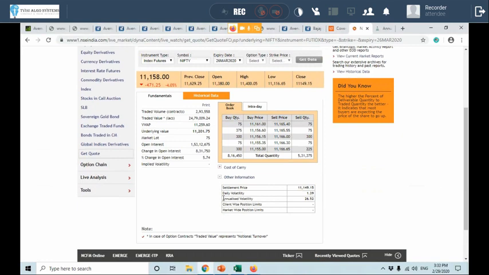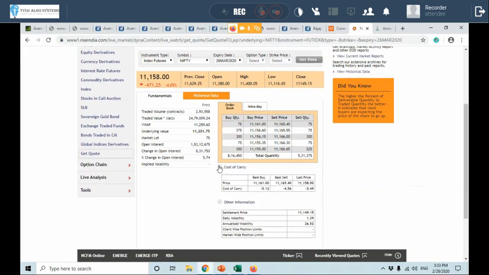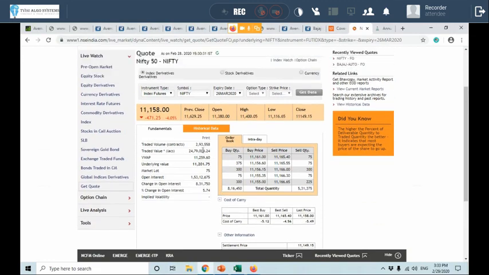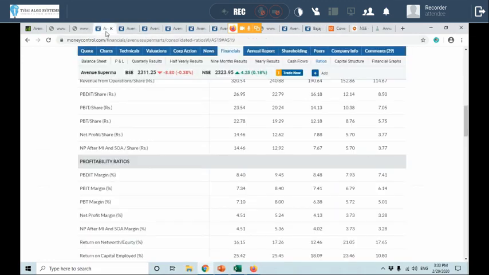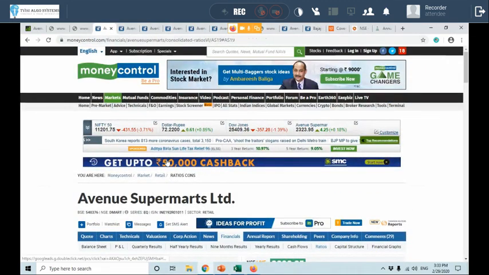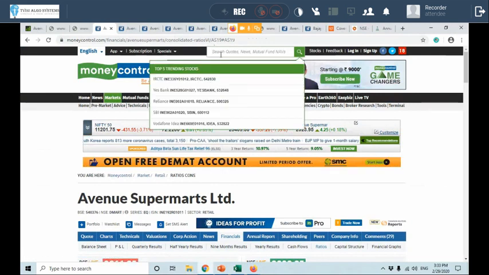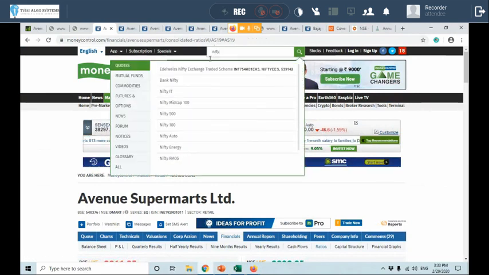Annual returns they don't have. You don't have annual returns for this. Money control is there. So basically what I will do, let's look at Nifty. Just a sec. Nifty 50.